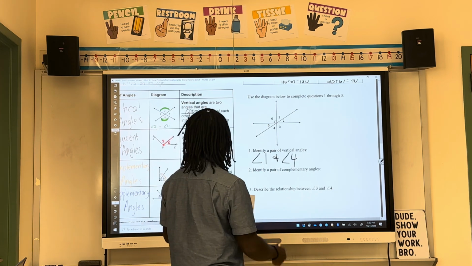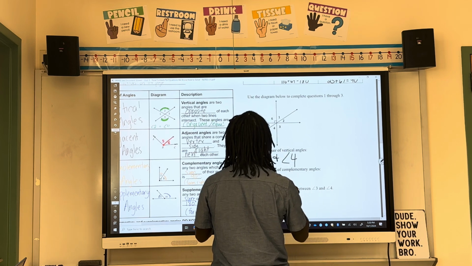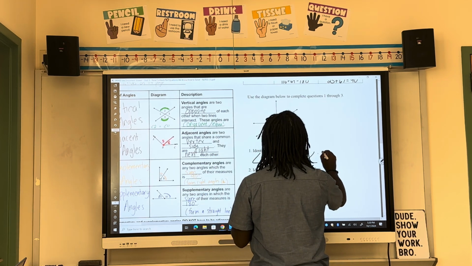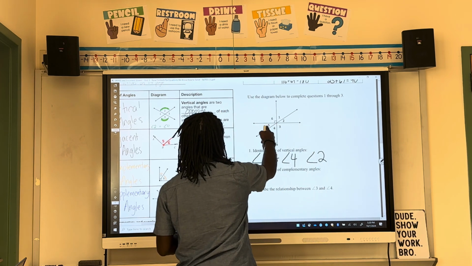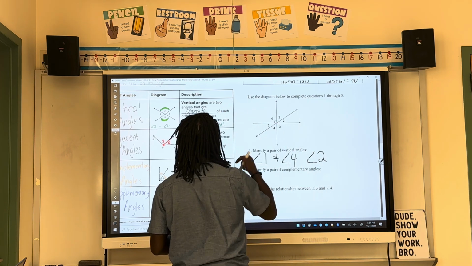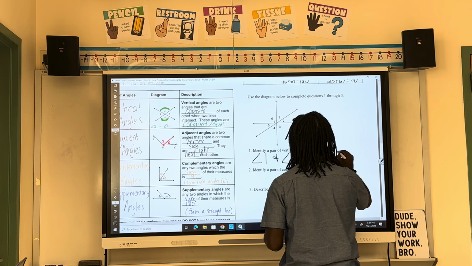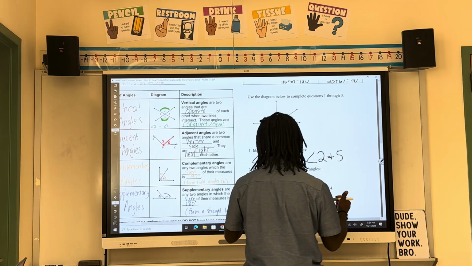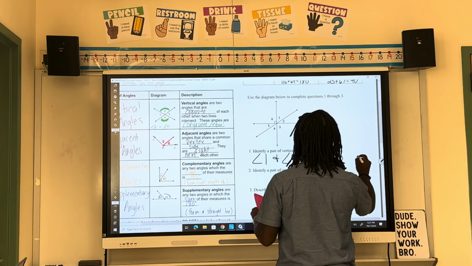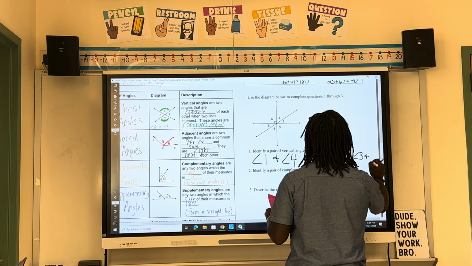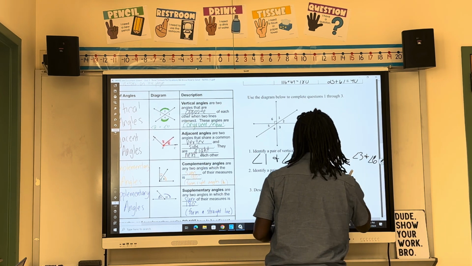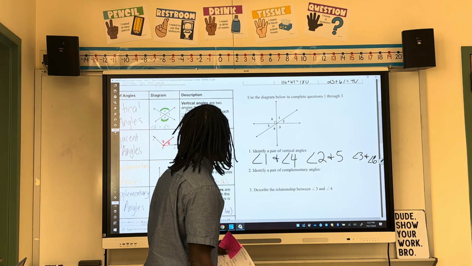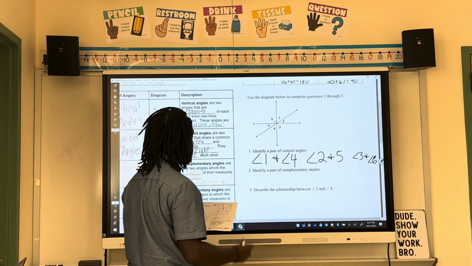You also could have put angle 2 and across from that is angle 5. And then angle 3 and angle 6. Angle 3 is here, angle 6 is over there. Those are opposite.